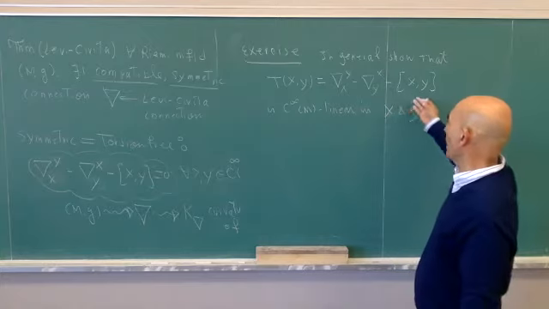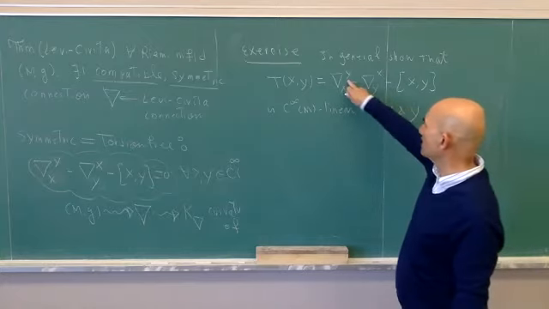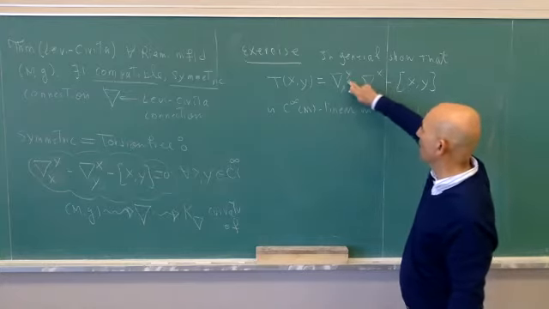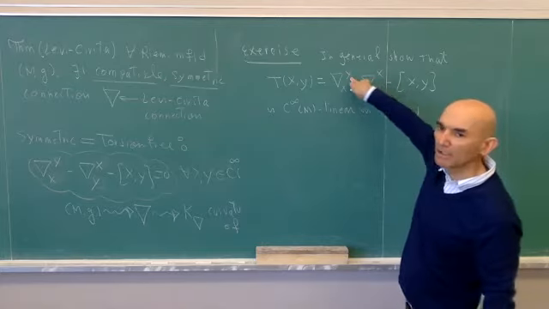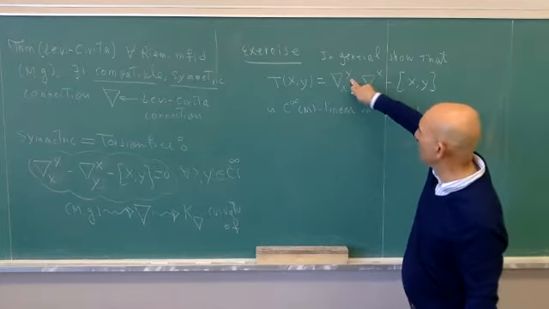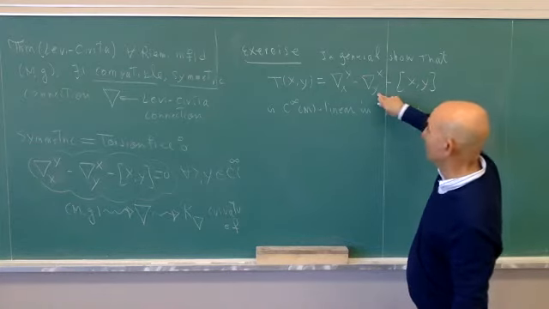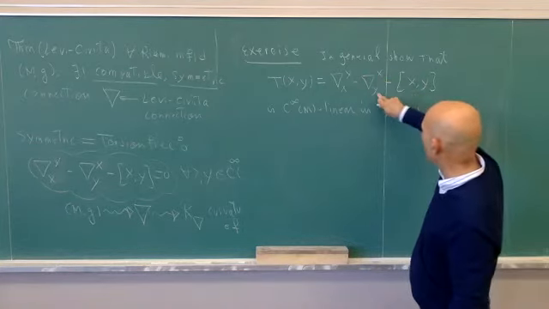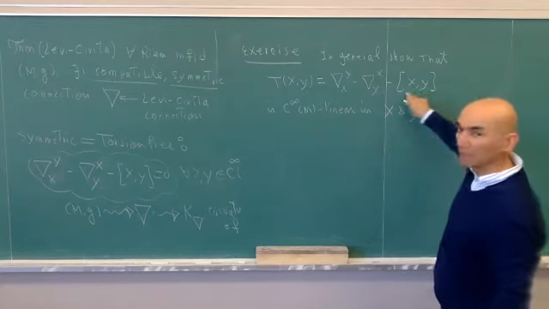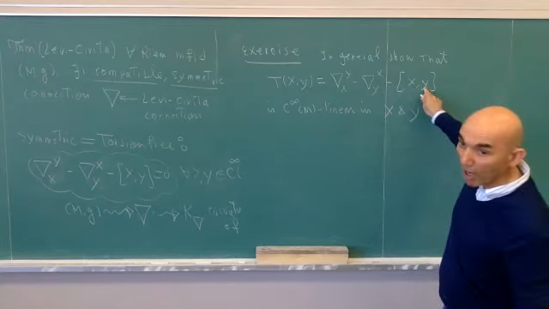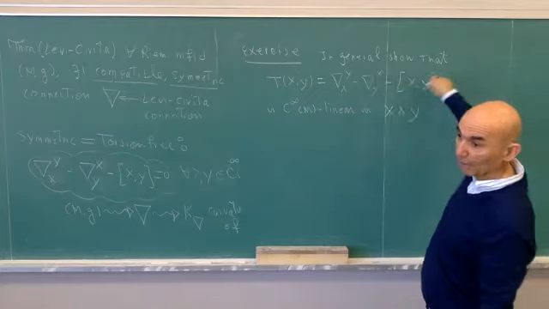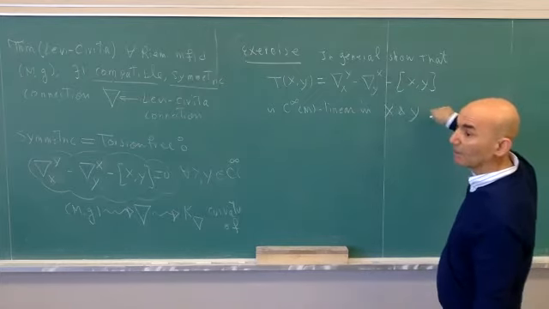This is quite surprising, right? Because as we saw, nabla is not C-infinity(M)-linear in y. It is in x, but it's not in y. And the commutator is not C-infinity(M)-linear in either x or y. But if you do this combination, it's C-infinity(M)-linear.